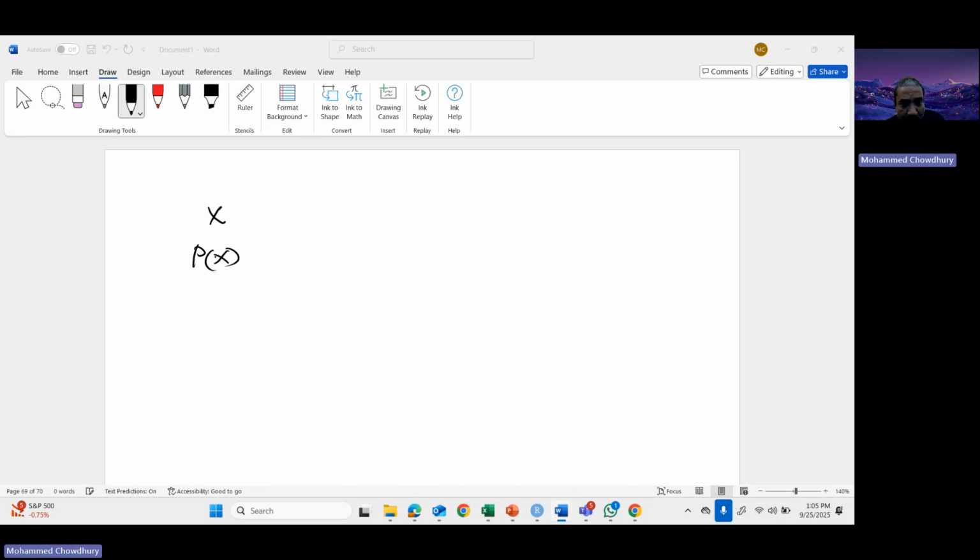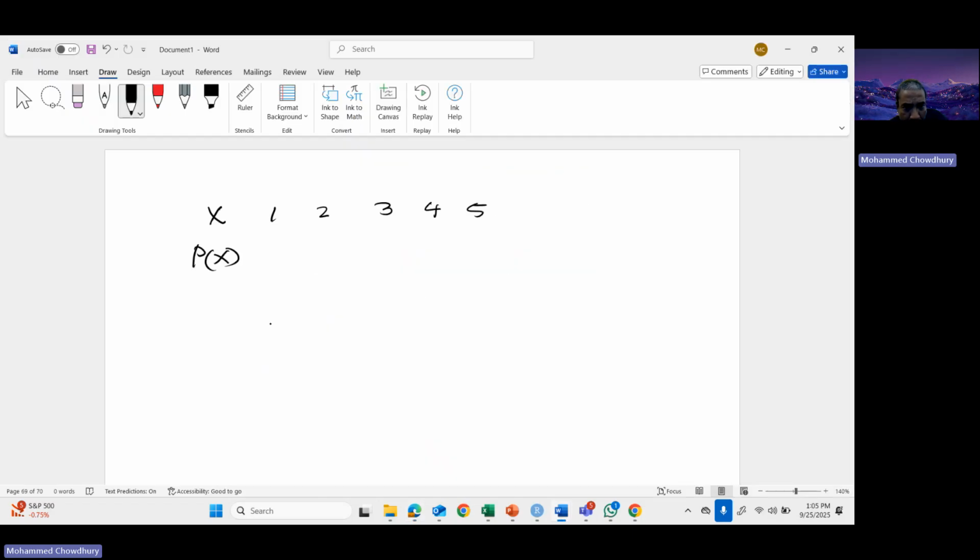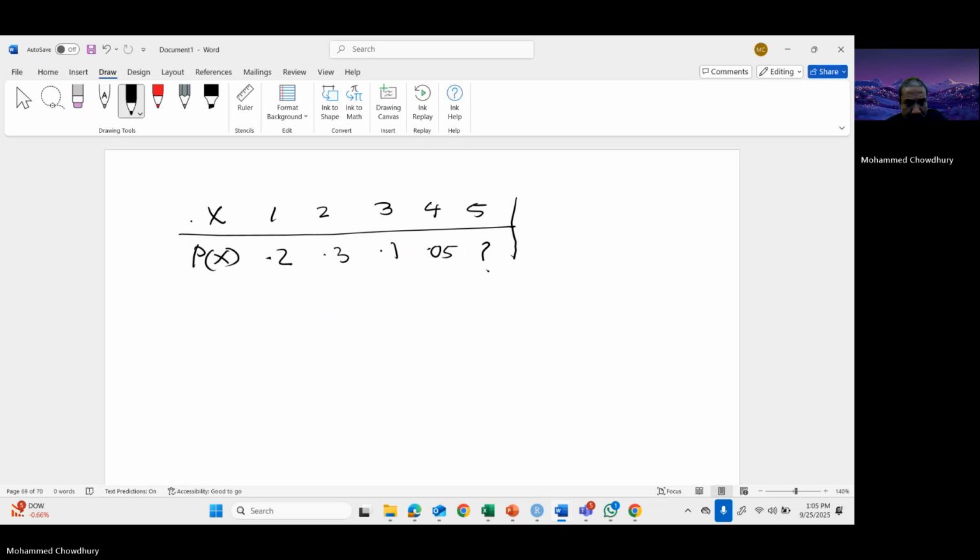And X takes values 1, 2, 3, 4, and 5, with probabilities 0.2, 0.3, 0.1, 0.05, and 0.05, okay?